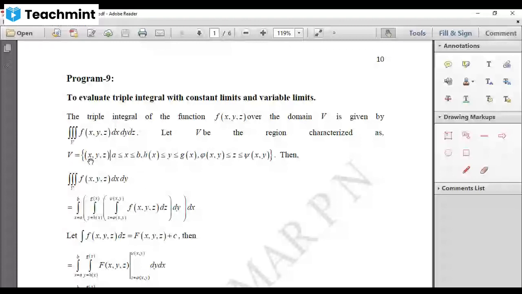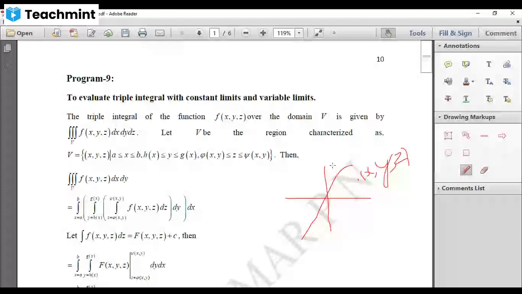That means you are collecting all the points of the form ordered triplet (x, y, z), because in 3 dimensions, when you have 3 axes, each point, suppose this is a point (x, y, z), will have some length along the x-axis, some length along the y-axis, and some length along the z-axis.